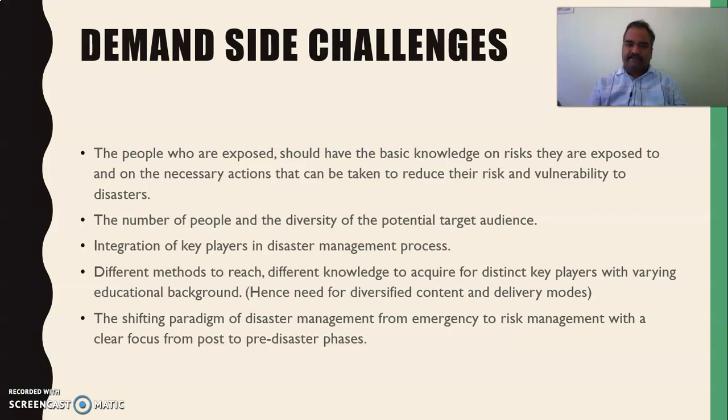See, the first demand side challenge is that the people who are being exposed should have basic knowledge of the risks and the necessary actions on the risk and vulnerability to disasters.